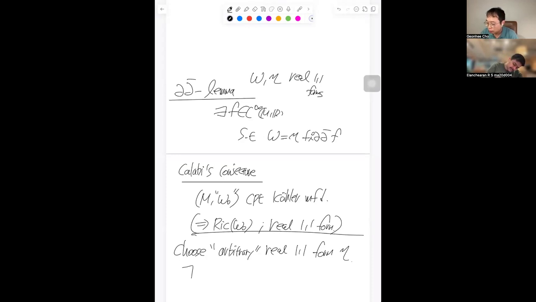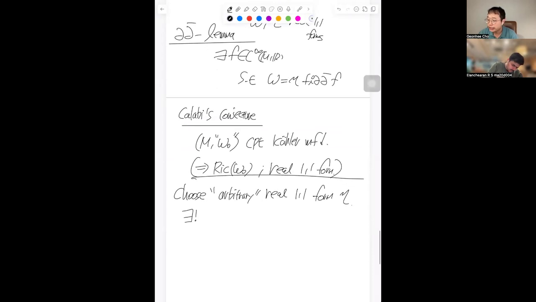So the question is, can we find, and in fact, this is already solved by Yau, a unique Kähler metric omega? I am not saying omega naught, which is the given initial Kähler metric. I am saying there exists a unique Kähler metric such that it satisfies two conditions.